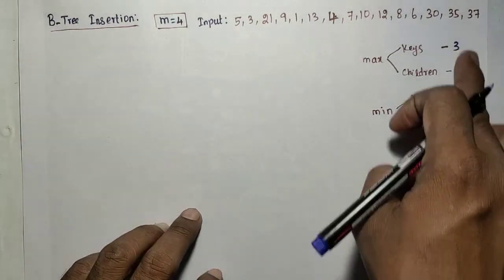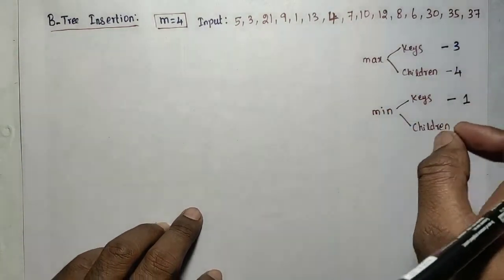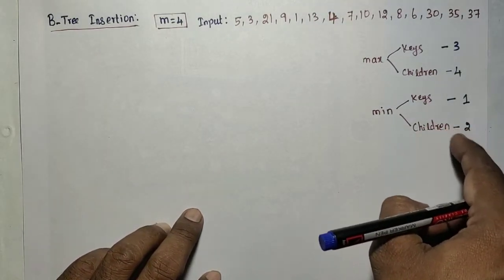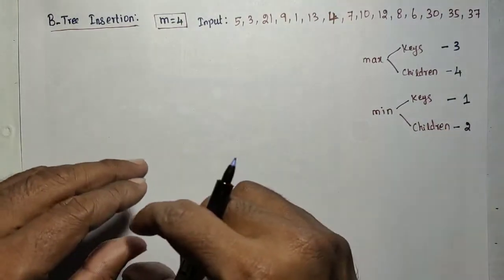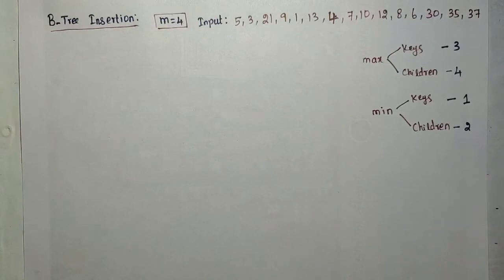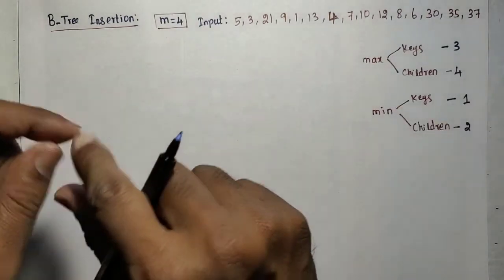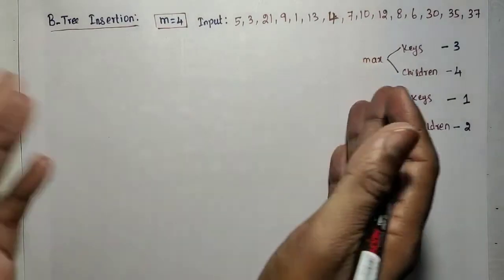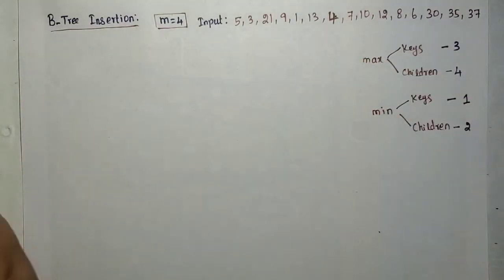The maximum is fixed at 3 keys and 4 children. The leaf node will not have children, all the leaf nodes should be at the same level, and the elements should be stored in ascending order. We need to keep this in mind while inserting the elements.